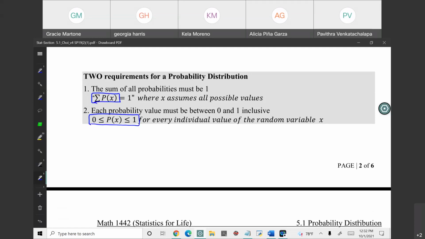Now, first rule. Any idea where you have seen this number? Summation of P of X equal to 1. It is similar to something, and you studied that in chapter 2 and 3. Exactly. Very good. Summation of f equal to 1.